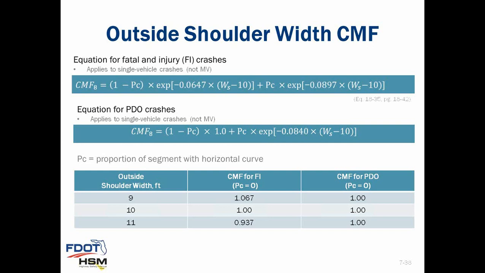The relationship between CMF value and outside shoulder width is shown in the table. The values shown apply when there is no curvature. They indicate that the CMF value for fatal and injury crashes increases when the shoulder width is reduced. The CMF value for PDO crashes is unchanged.